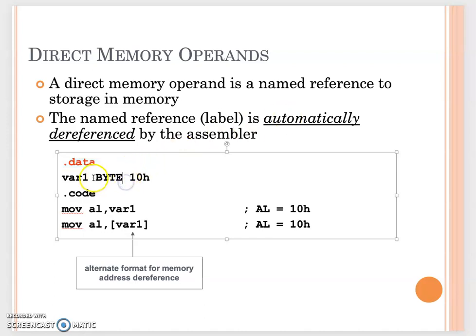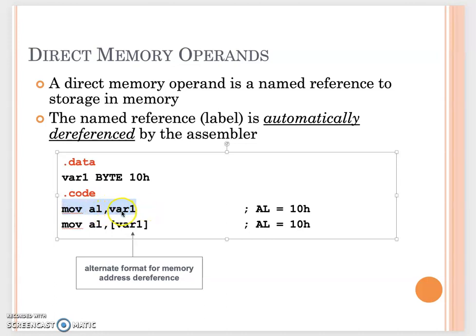For example, I have val1, a byte holding 10 in hex. Sometimes in the code directive, if we want to do a move, you can move val1 to AL.